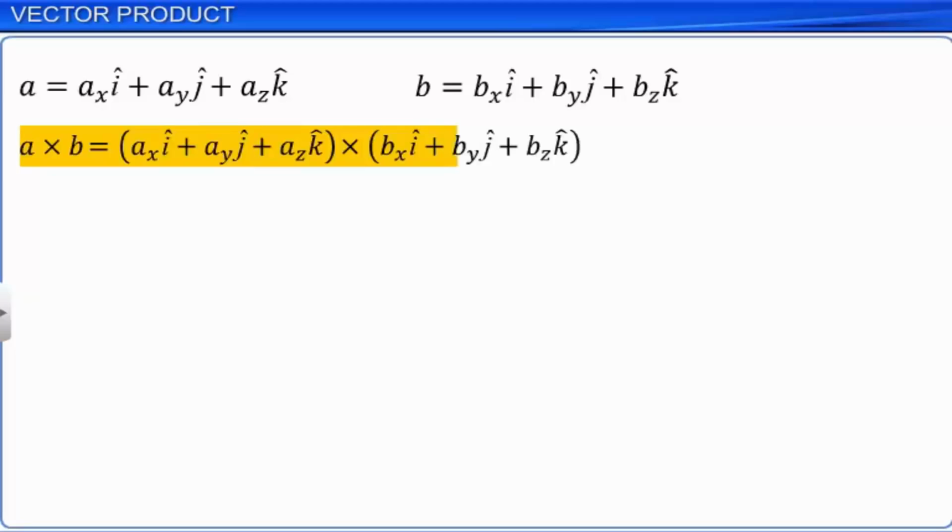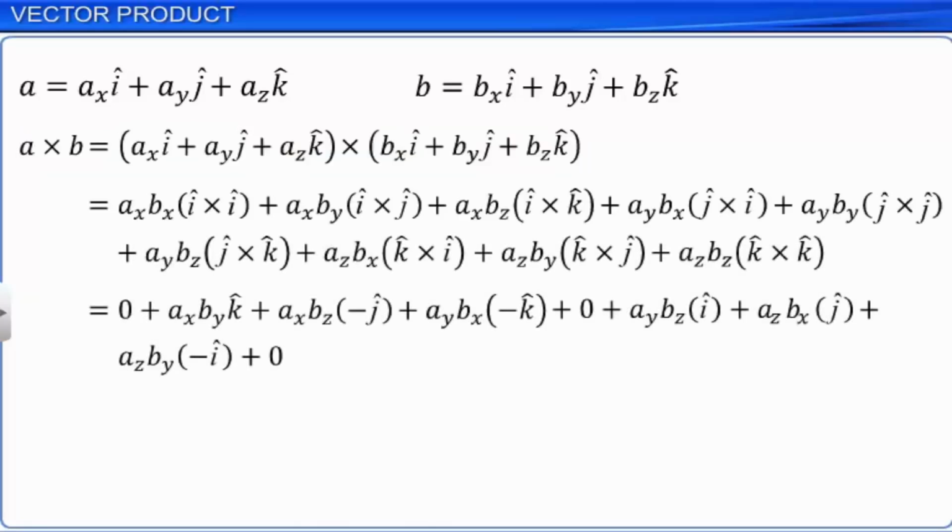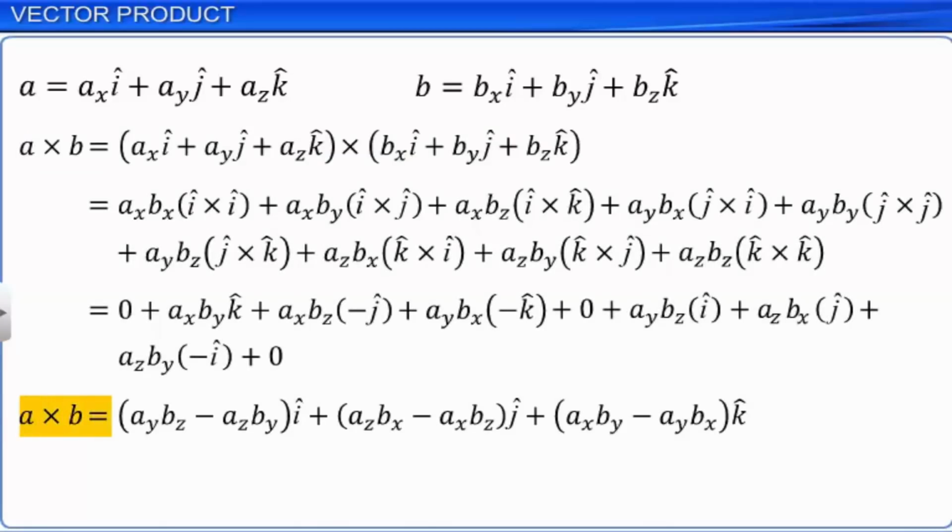Upon solving and simplifying, we get A cross B is equal to (Ay Bz minus Az By) i plus (Az Bx minus Ax Bz) j plus (Ax By minus Ay Bx) k. In determinant form, a vector product can be represented as shown.